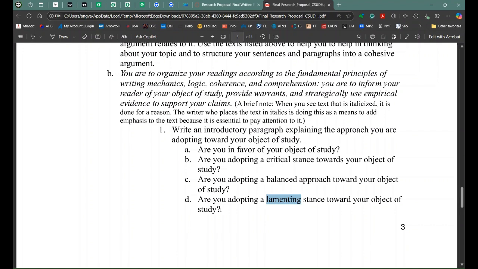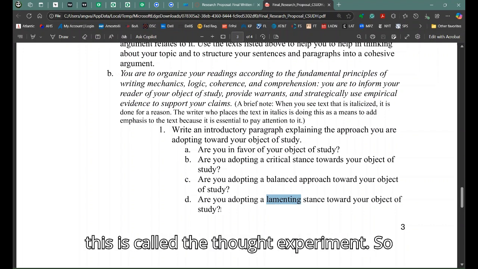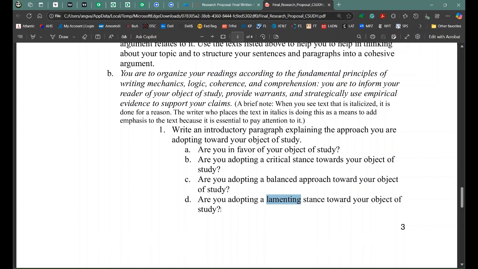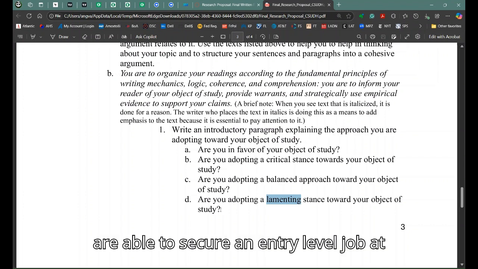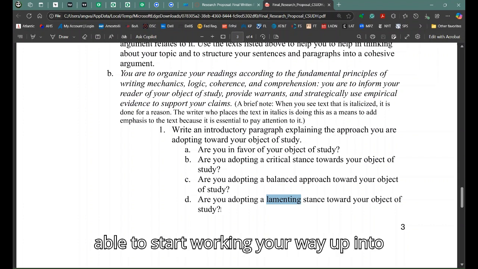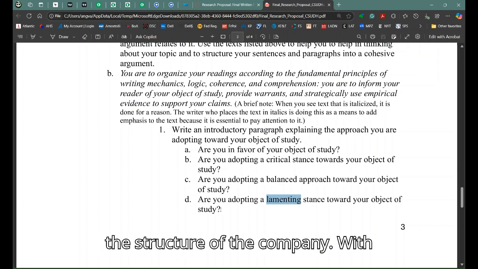And this is it. So let's just say hypothetically, and this is called a thought experiment, that you graduate high school and you are able to secure an entry level job at some company, and then you start working your way up into the structure of the company.